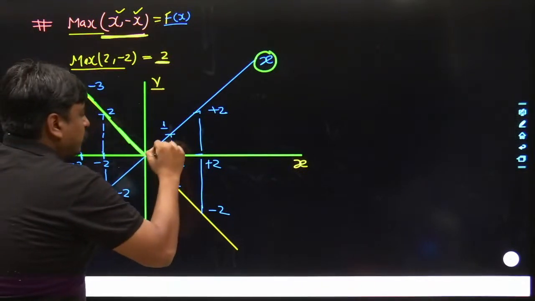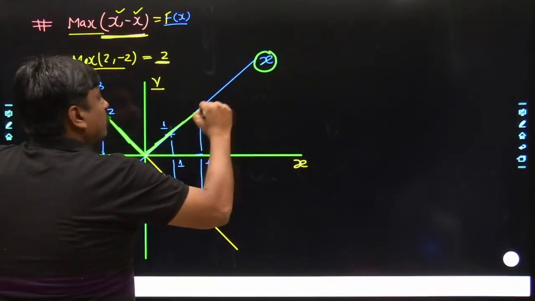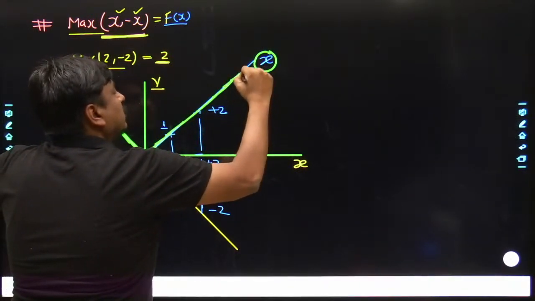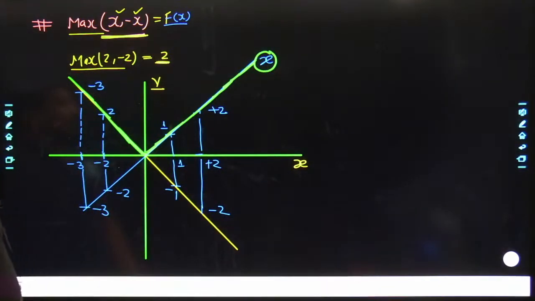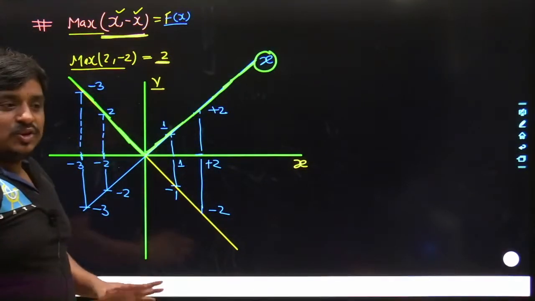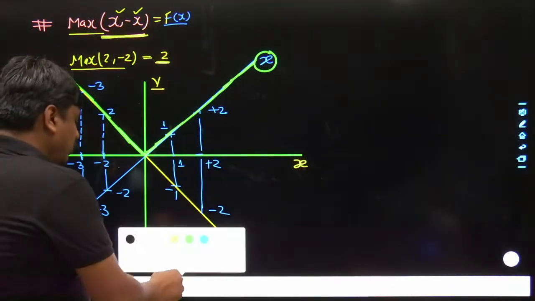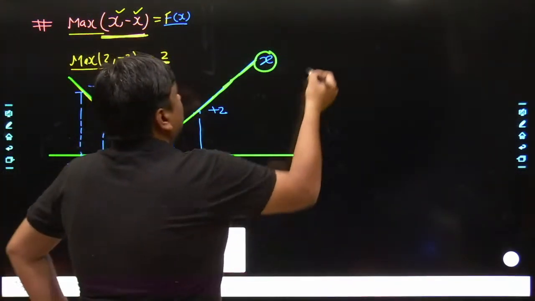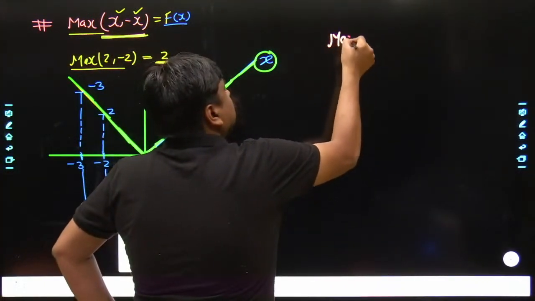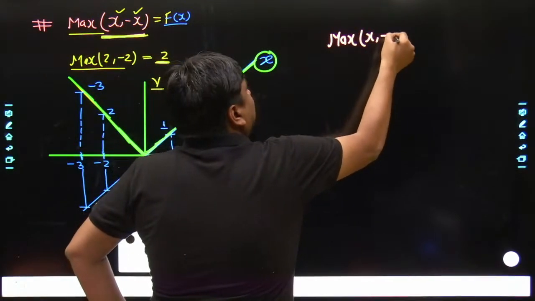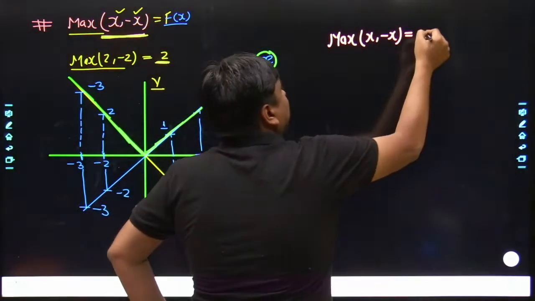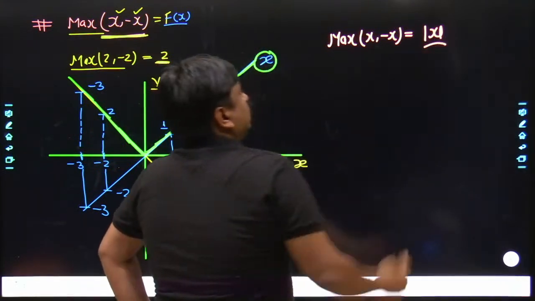That means for positive values of x, the function would be prescribed by plus x. So more or less, you have been dealing with the same concept. Max of x comma minus x is the very same as mod of x.